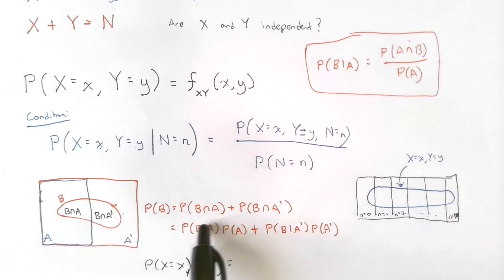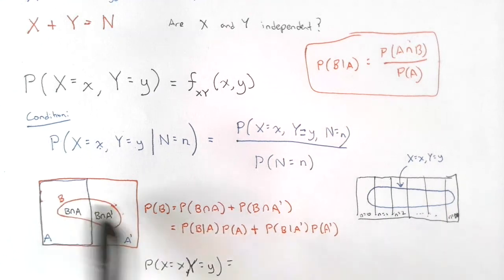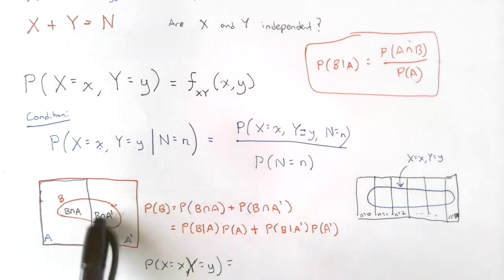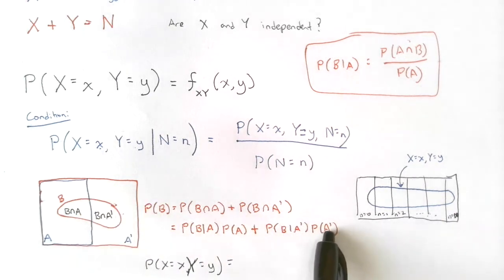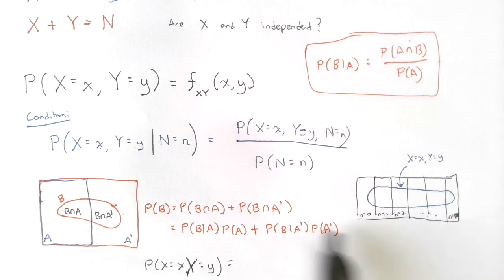Now that blob is going to be equal to the conditional probability of that blob with the first segment of my sample space, P(B given A) times P(A), plus the conditional probability of that blob given the second segment of my sample space, P(B given A prime) times P(A prime). Now here, instead of dividing my sample space into two segments, I'm dividing it into infinite segments. But let's just start with the first term.